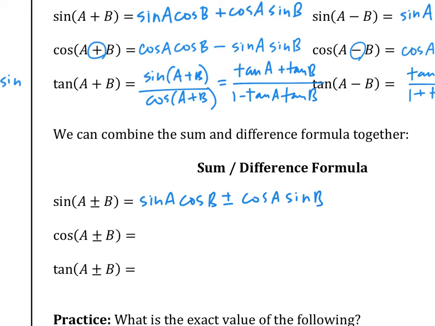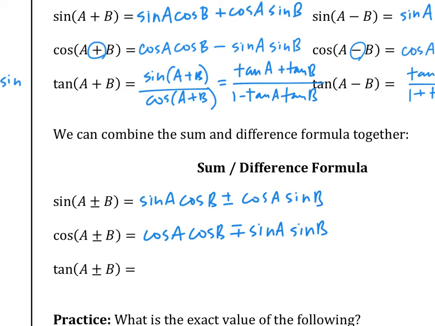Okay, now let's go to cosine. Cosine, cosine, sine, sine. Okay, so same thing with cosine. If you are using the higher part of the formula, you're going to use the higher part of this written formula. Okay, so that's how it works.